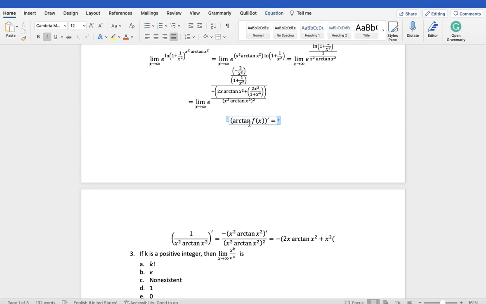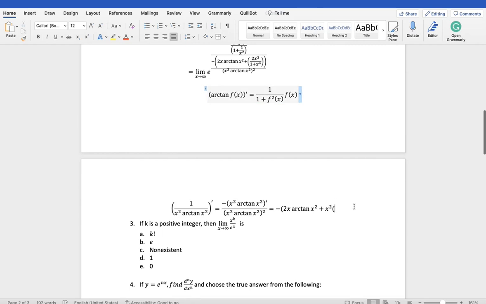The derivative of arctan is always 1 over 1 plus whatever the function is, squared. Okay, so let's square this, right? And then you go inside, chain rule again, multiplied by the derivative of the function that is inside, which is f of x. Okay, that's the rule.